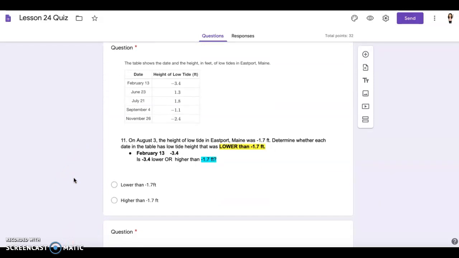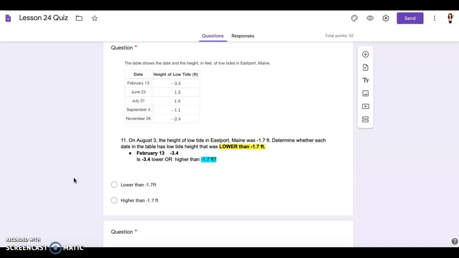Number 11. The table shows the date and the height in feet of low tides in Eastport, Maine. On August 3rd, the height of low tide in Eastport, Maine was -1.7 feet. Determine whether each date in the table has low tide height that was lower than -1.7 feet.